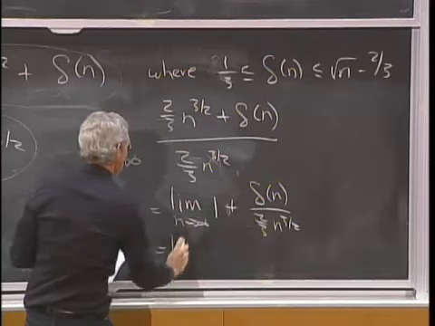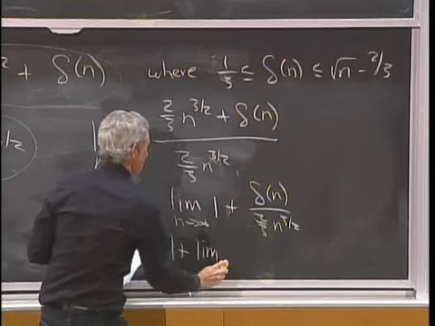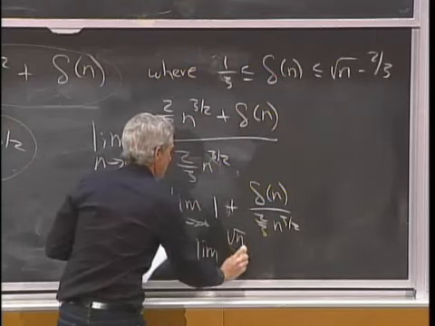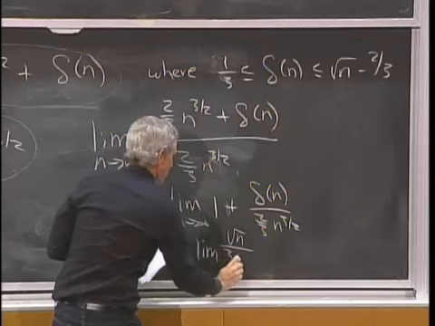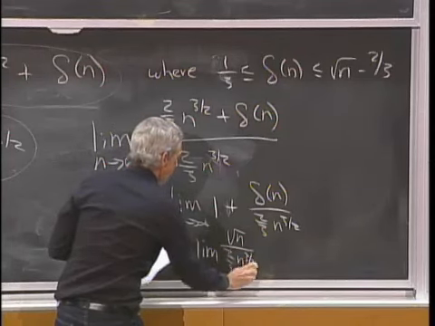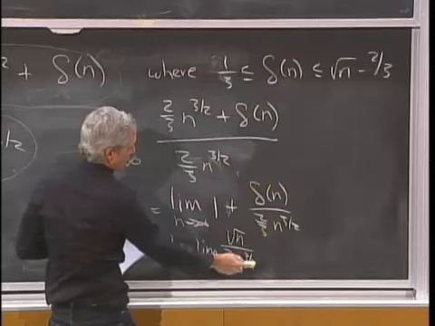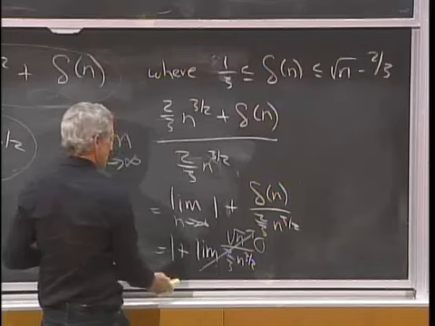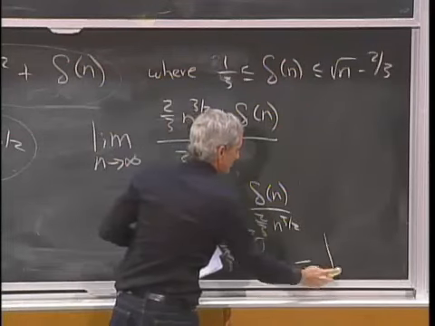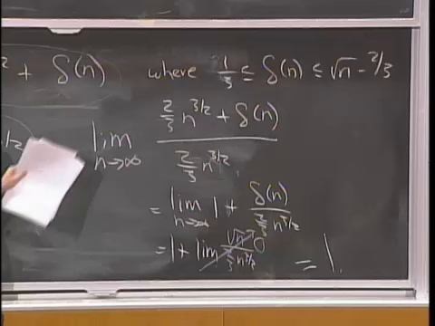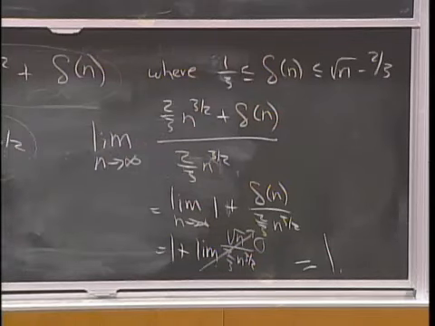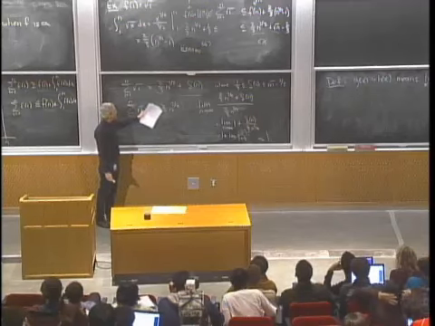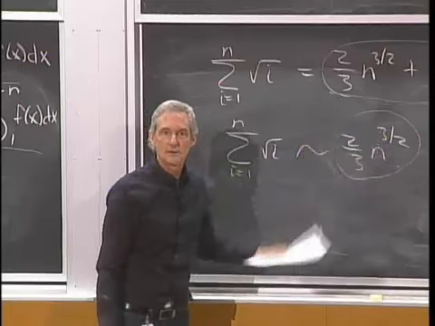I can pull the 1 out front. That's 1 plus the limit. And delta n is at most square root of n. So I get square root of n over 2/3 n to the 3/2. Square root of n over n to the 3/2 goes to 0. So this equals 1. All right, so this limit is 1, and so therefore I can say that the sum of the first n square roots is tilde 2/3 n to the 3/2.